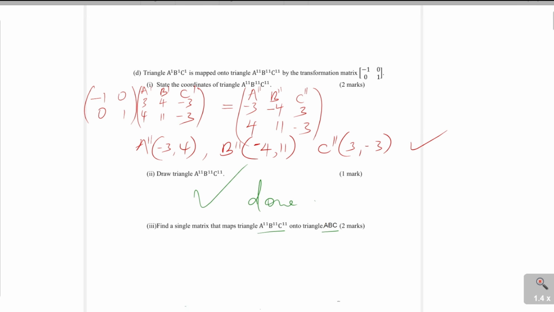So if you notice, this one is a successive transformation, because the first started from ABC. That one was transformed to A prime, B prime, C prime. And then we have A double prime, B double prime, C double prime. So this one is a successive transformation.